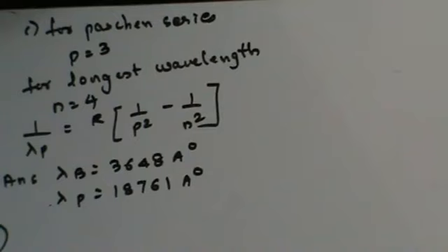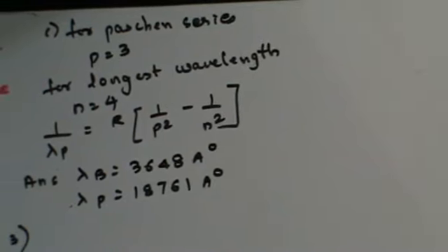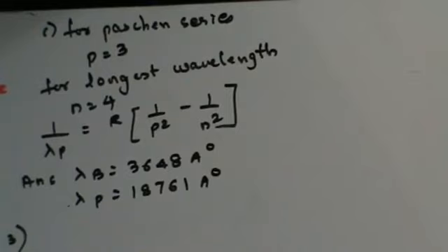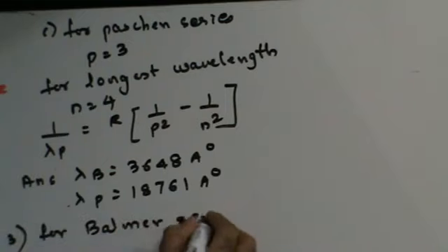Next, compare the shortest wavelength of Balmer series with that of Paschen series. For Balmer series, p is equal to 2, right?